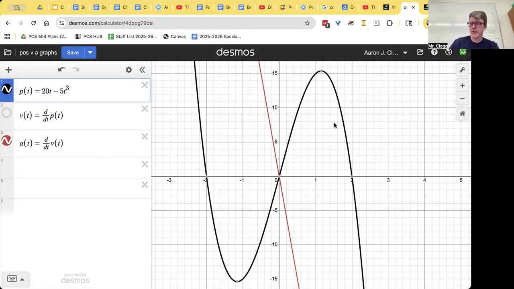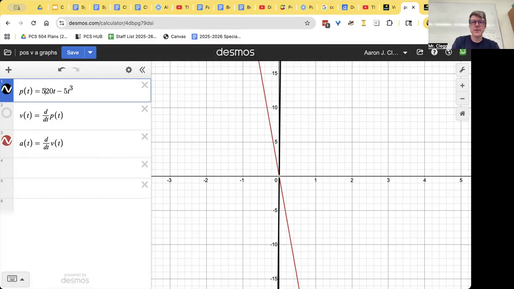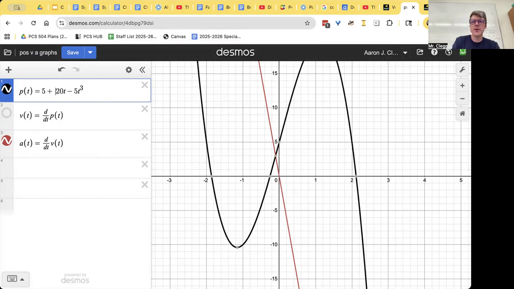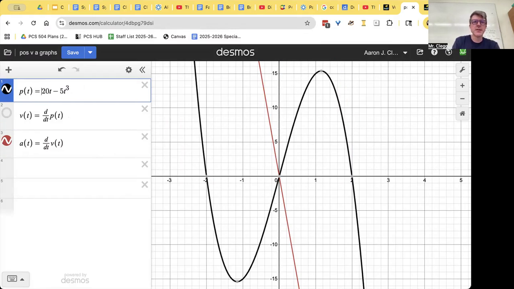For example, if I change this, let's see, 5. Nope. Oh, there we go. So if I change this so that it's not, oh, that one's still at 0. Anyway, I wonder why that's the case.